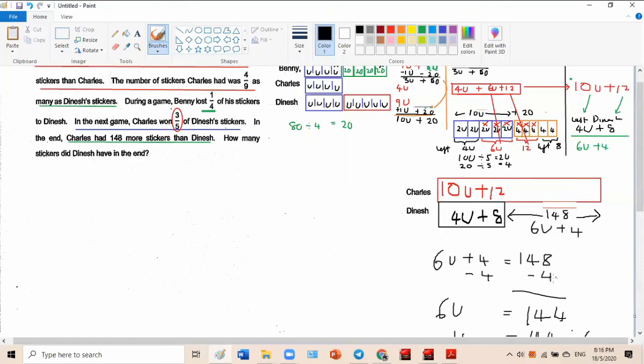So what do they want? In the end, how many stickers does Dinesh have? Dinesh is left with 4 units plus 8, right? I really have no more space.